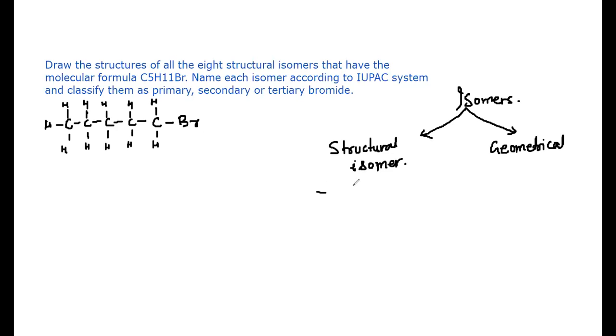Structural isomers can be chain isomer, positional isomer, metamers, and tautomers.